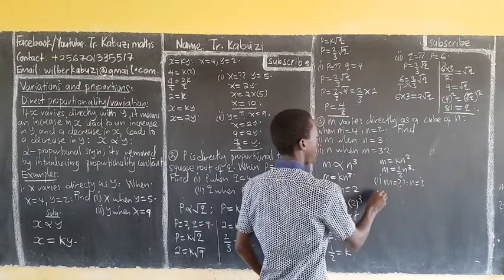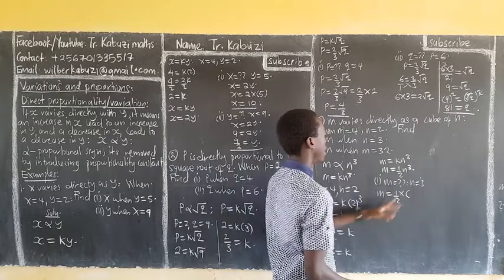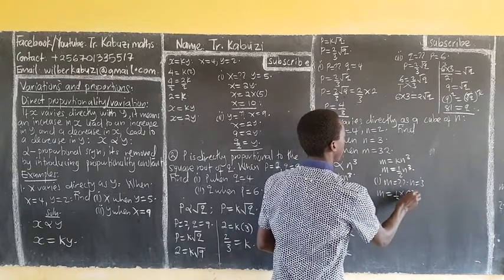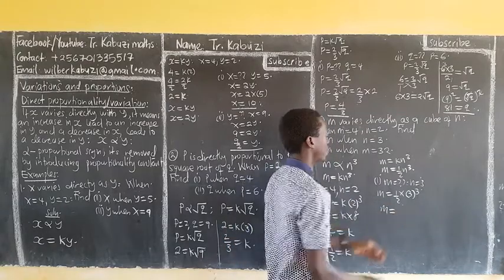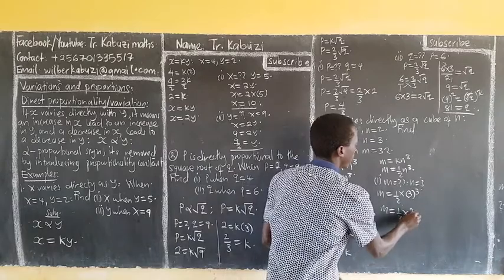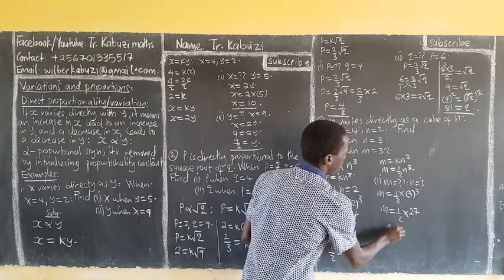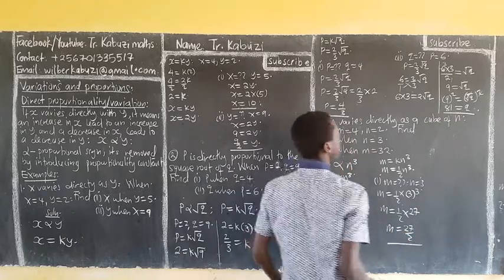So from here, my m will be a half times 3 cubed. So this will be a half times 27, and my m becomes 27 over 2.